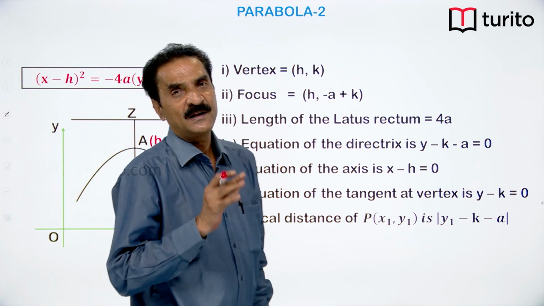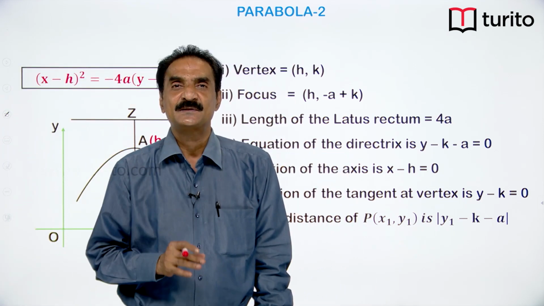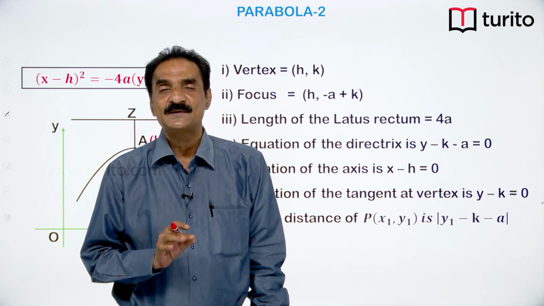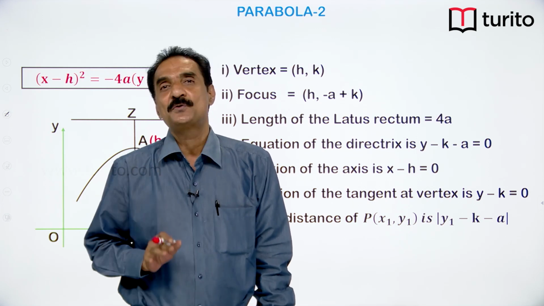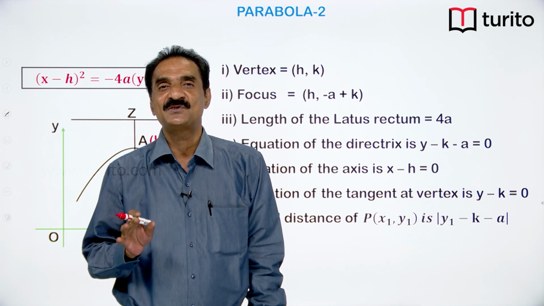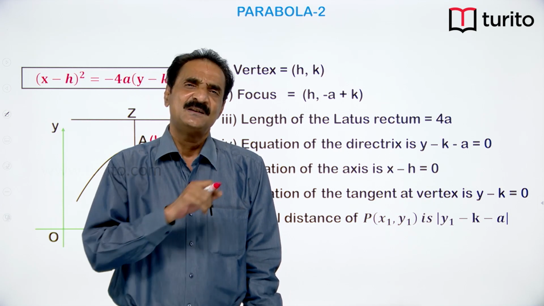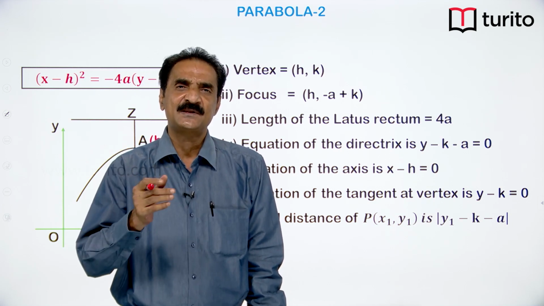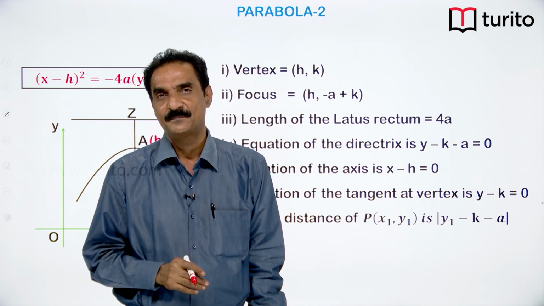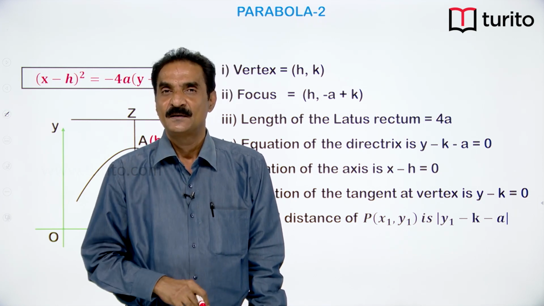If you can remember the list of the characteristics for the first parabola, that is y square is equal to 4ax and (y minus k) whole square is equal to 4a into (x minus h), then you will be able to write the characteristics of all the other forms, if you remember the method. Okay.